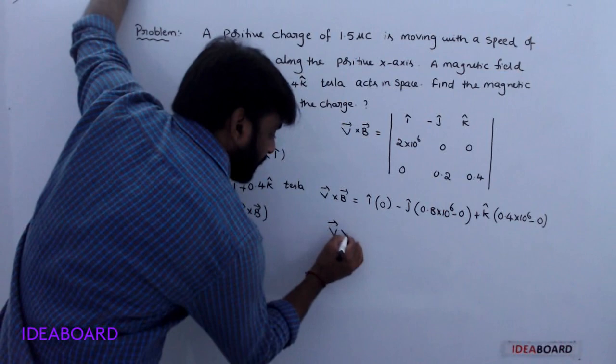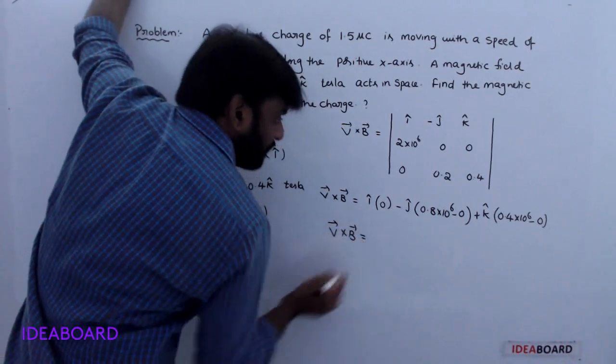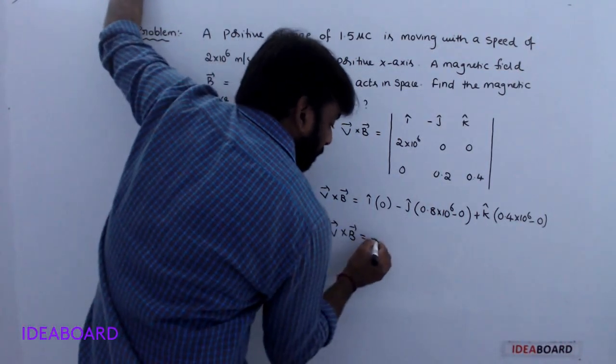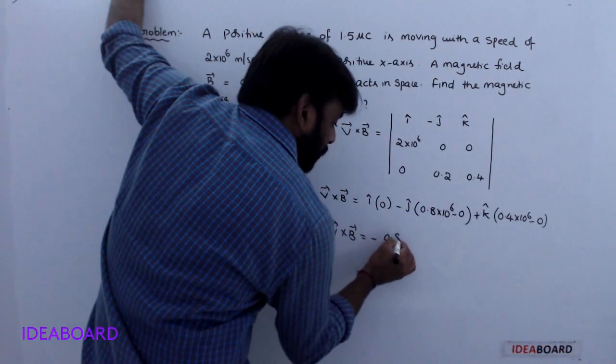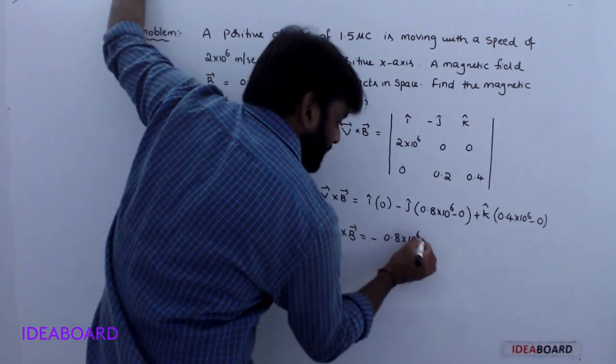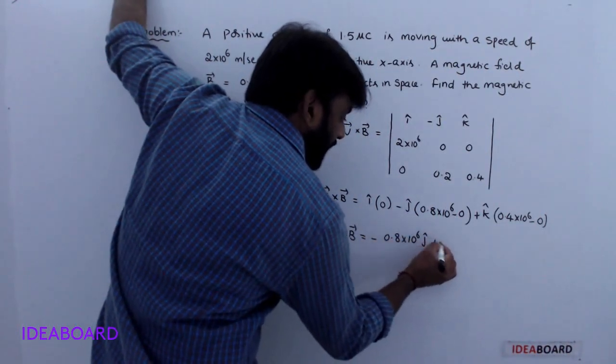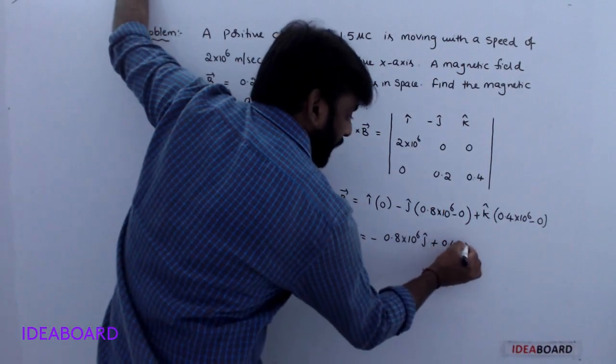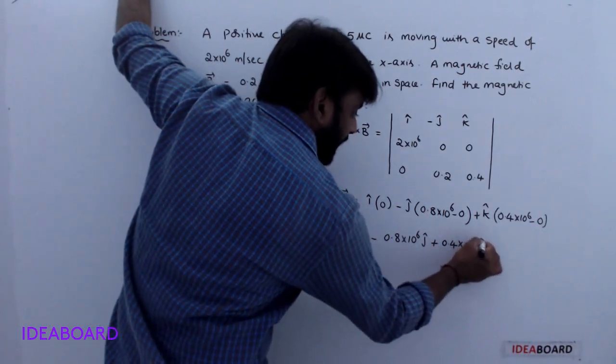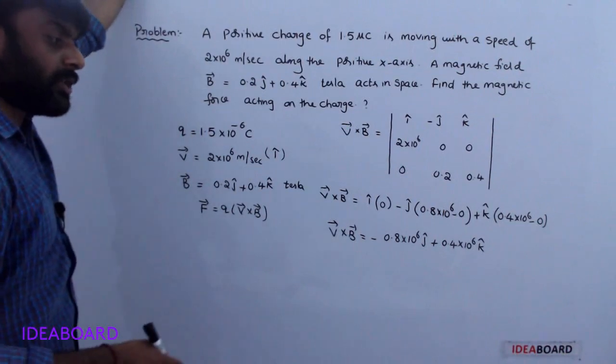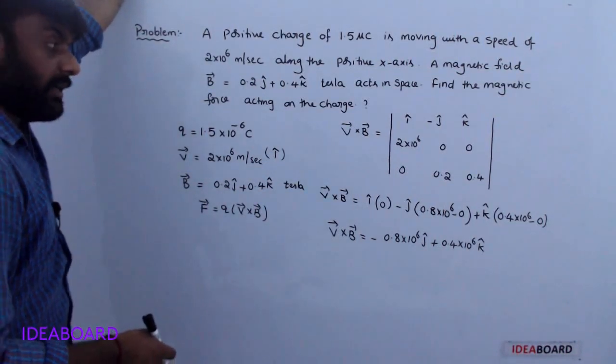That means V bar cross B bar is equal to minus 0.8 into 10 to the power of 6 J cap plus 0.4 into 10 to the power of 6 K cap.